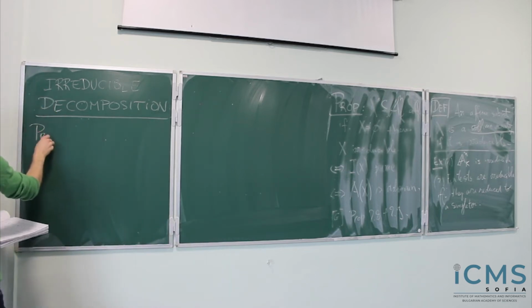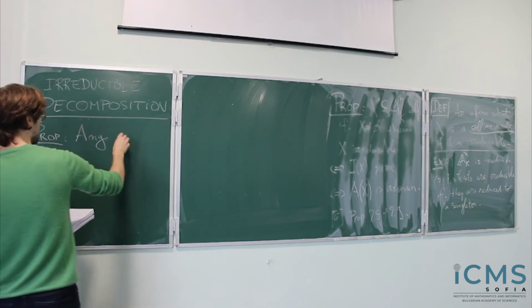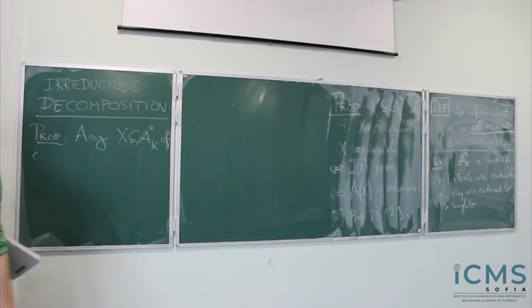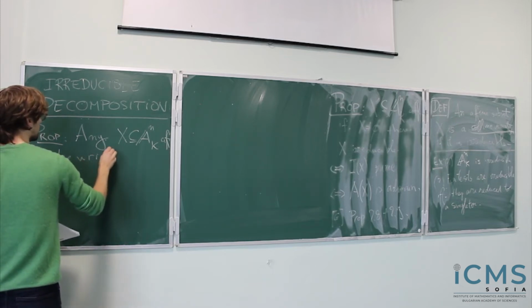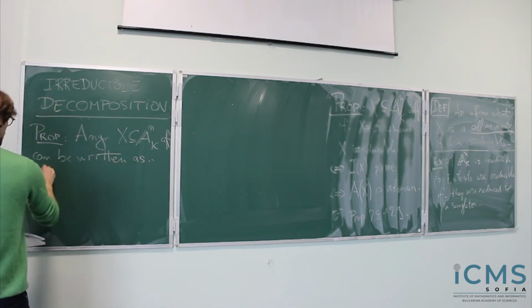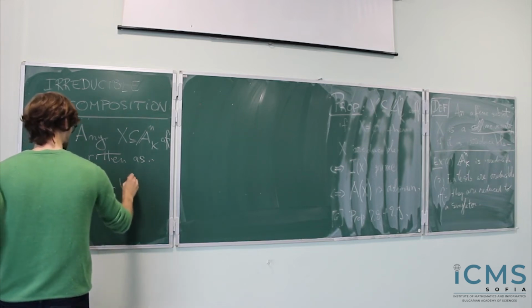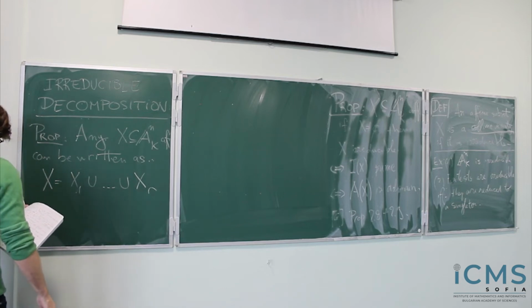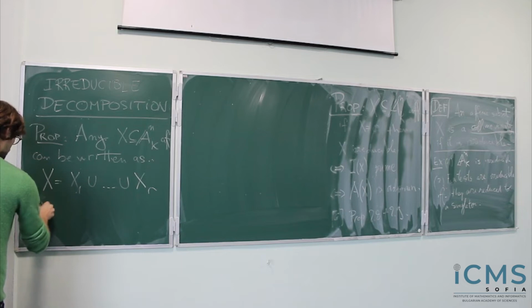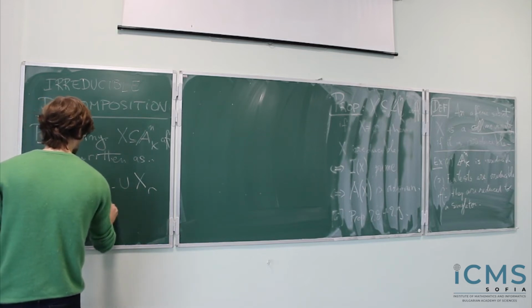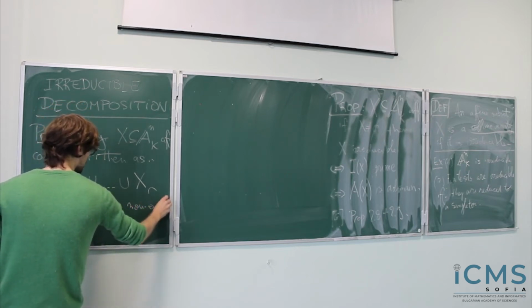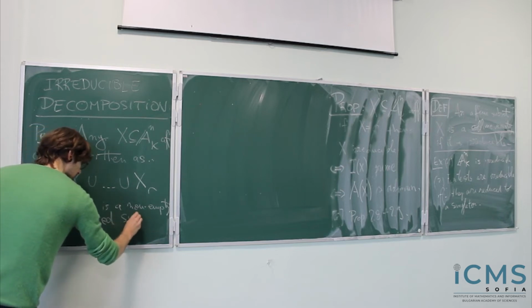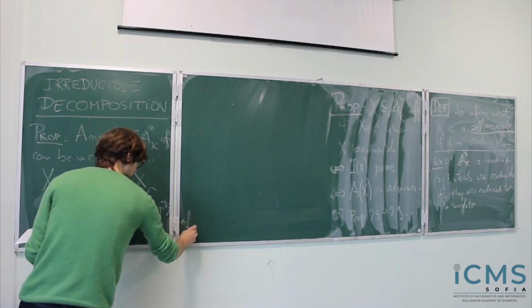So, any affine set, if I take an affine set, I can write it as a finite union, of course, of Xi, where each Xi is a non-empty irreducible closed subset of X.